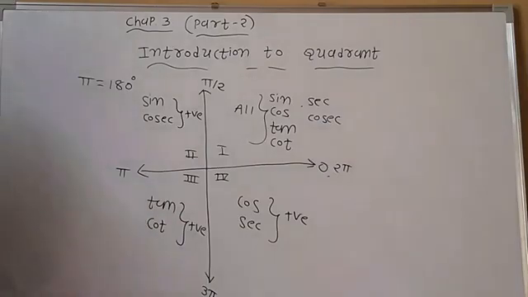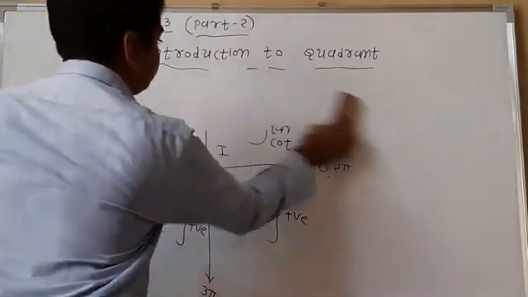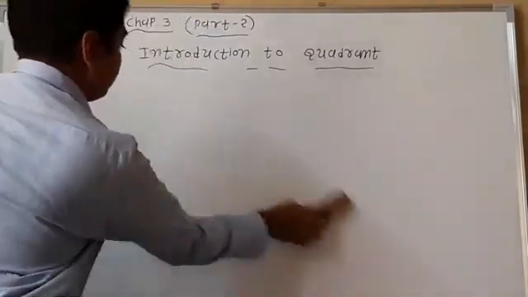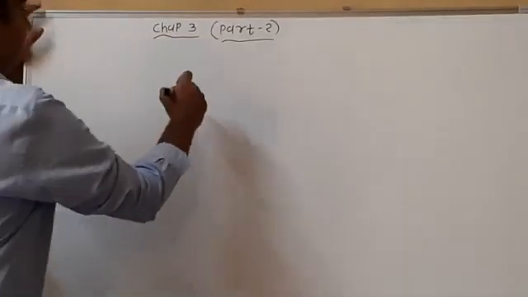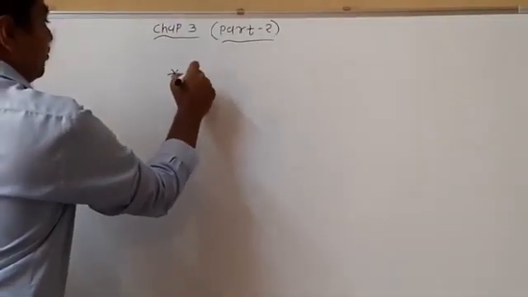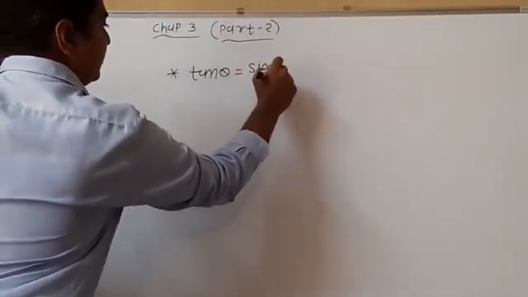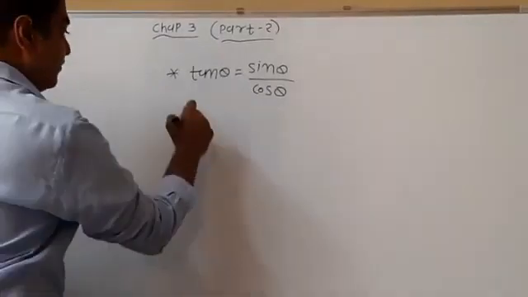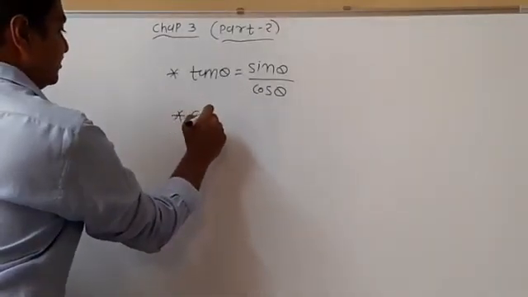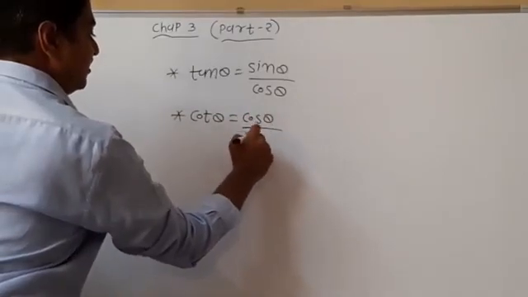Okay, now after this we discuss some identities. First of all we know that tan theta is equal to sin theta upon cos theta. Now cot theta is equal to cos theta upon sin theta.